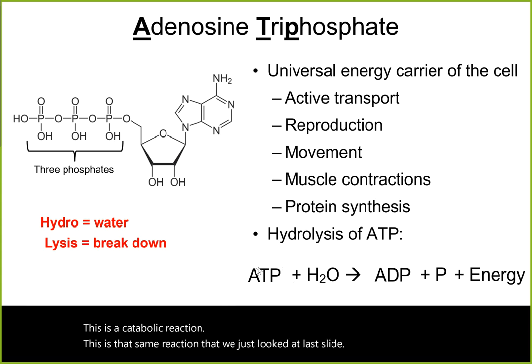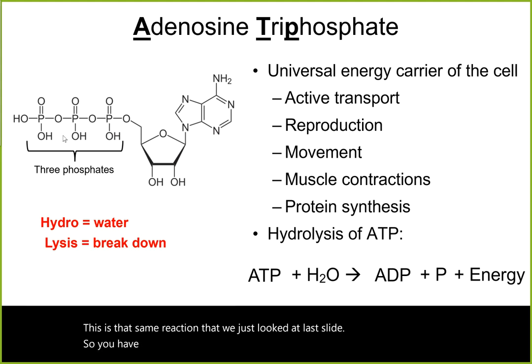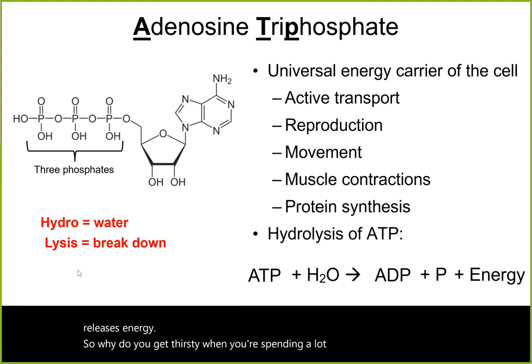So you have ATP, you add water, it breaks that phosphate off, and it releases energy. So why do you get thirsty when you're expending a lot of energy? Because you need water to break that ATP down and release that energy so you can use it.